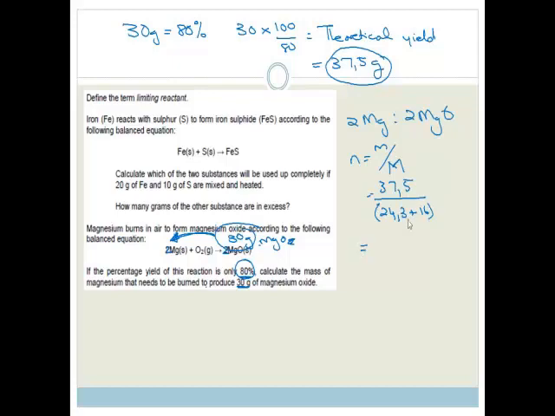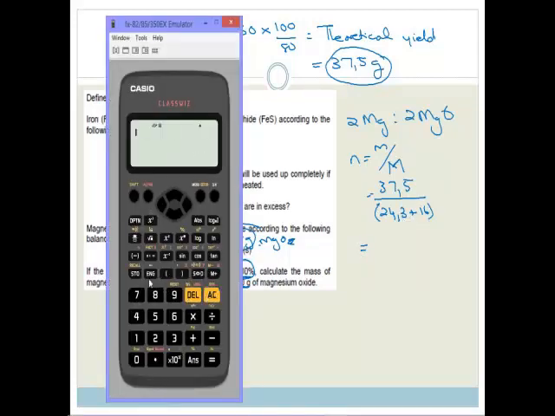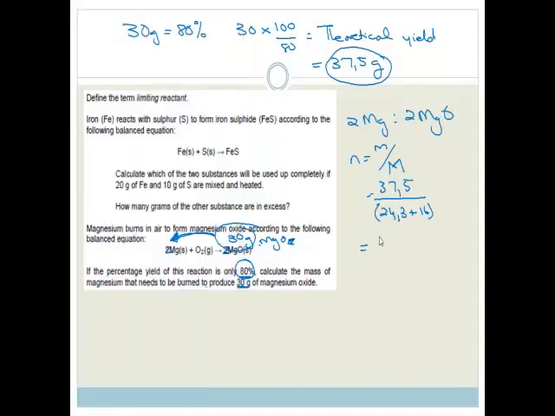So now we need to pop that in our calculator. So we go 37.5 all over 24.3 plus 16, close bracket, equals, and that's 0.93 moles. So that's 0.93 moles.